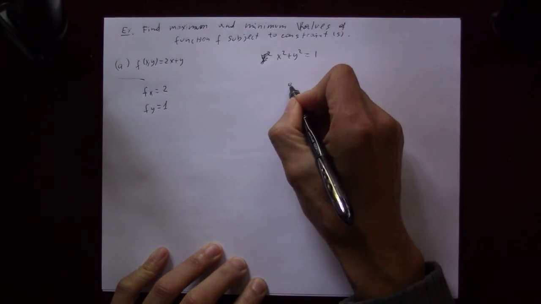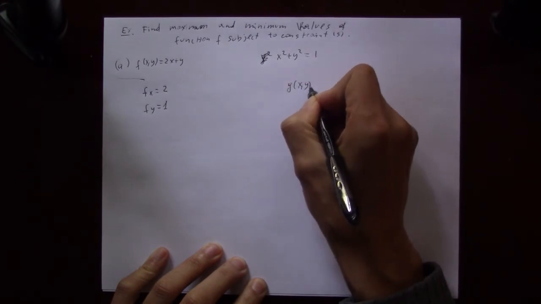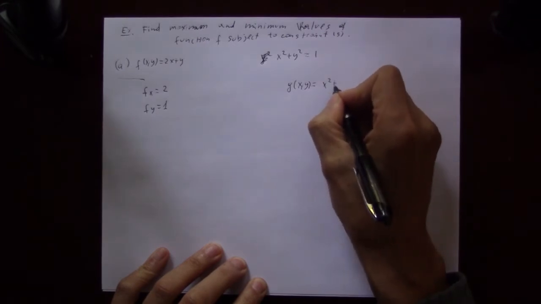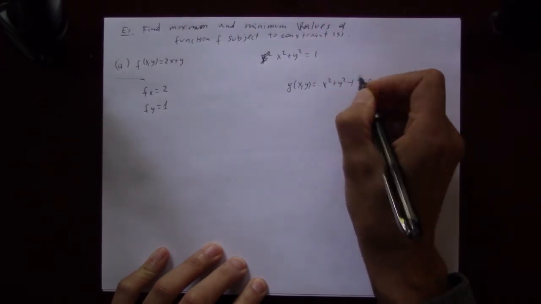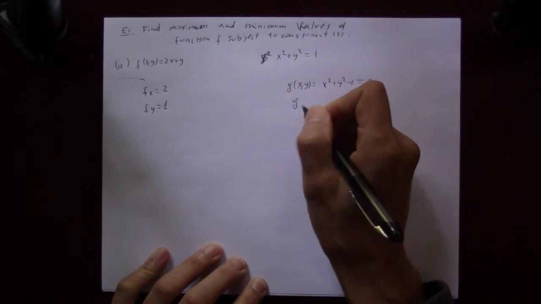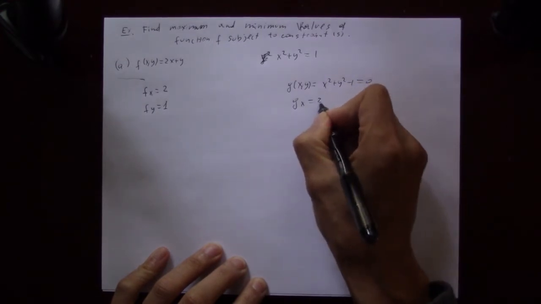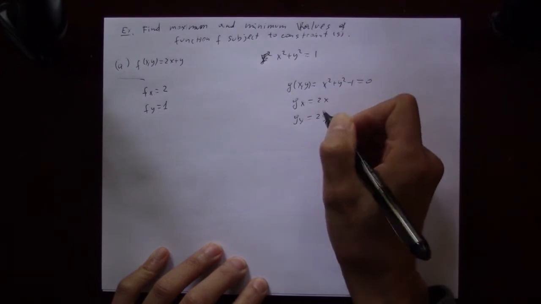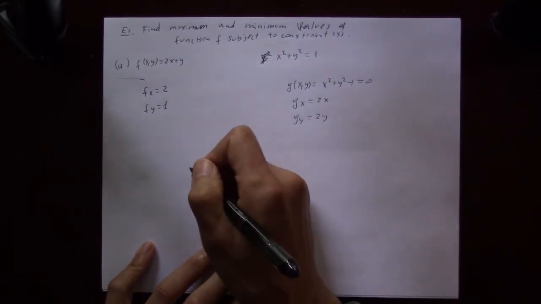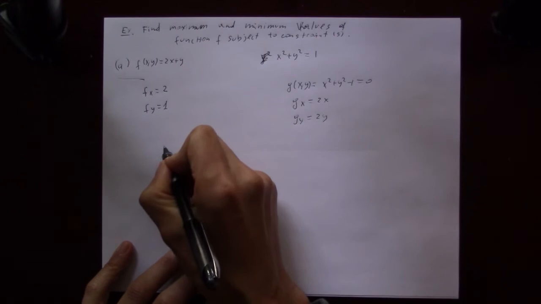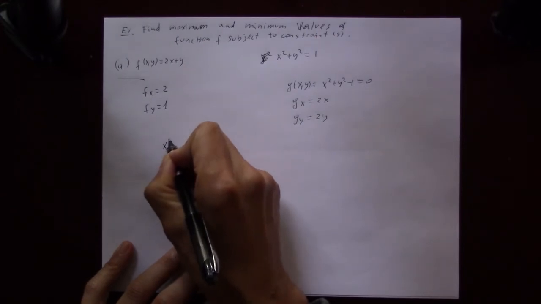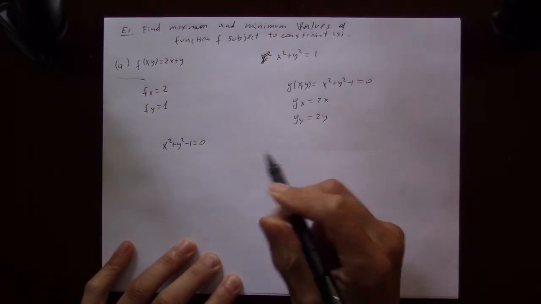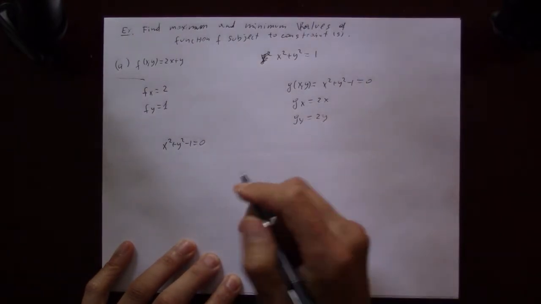Our function g of x, y, we move everything to one side, so we get x squared plus y squared minus 1 equals 0. So the partial derivative of g with respect to x is 2x, and with respect to y is 2y. Using Lagrange multipliers, we get x squared plus y squared minus 1 equals 0, that's our constraint which we need to satisfy.